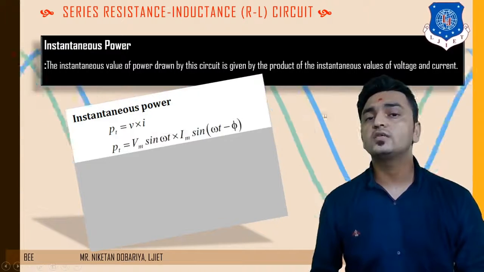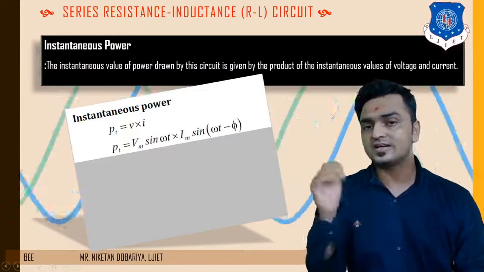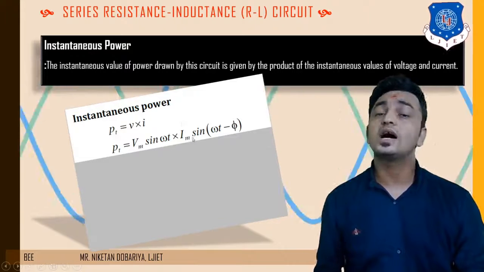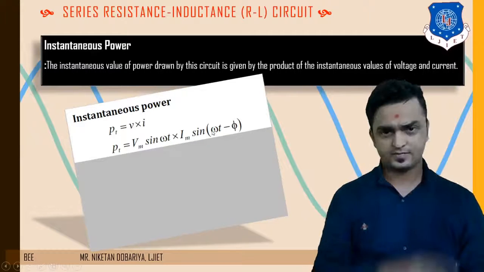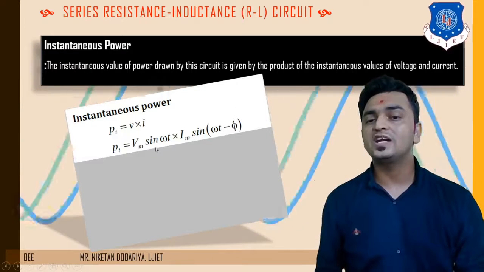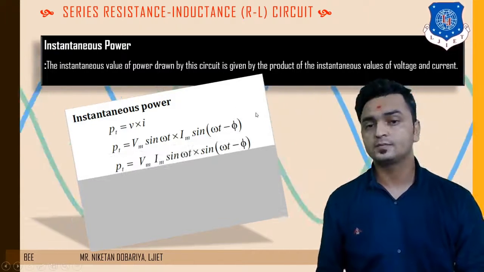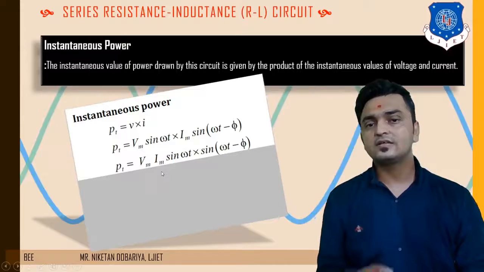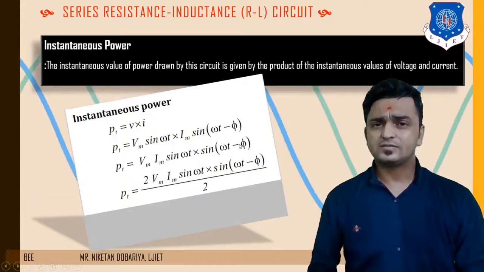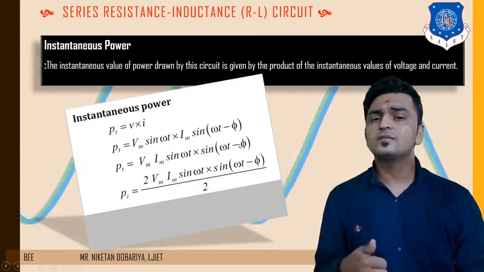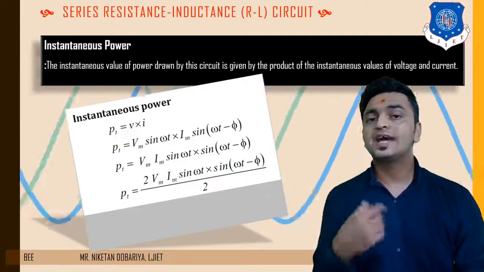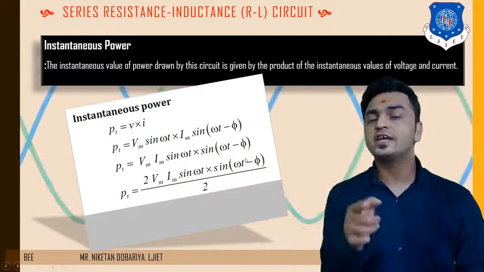Previously, we had calculated the instantaneous voltage and instantaneous current, and that is over here. V is equal to Vm sin omega t, and I is equal to Im sin(omega t minus phi). Here, Vm and Im are constant terms. So we are going to multiply the sine and sine terms over here. If I multiply this term with 2, sine into sine will provide 2 sine into sine.